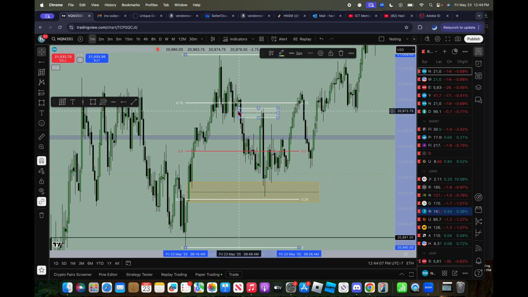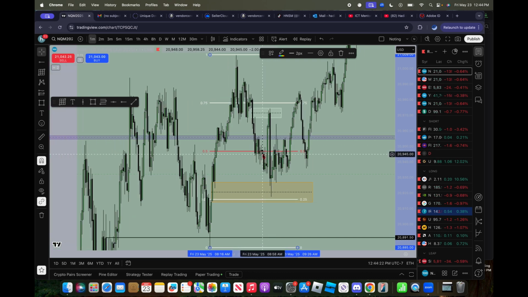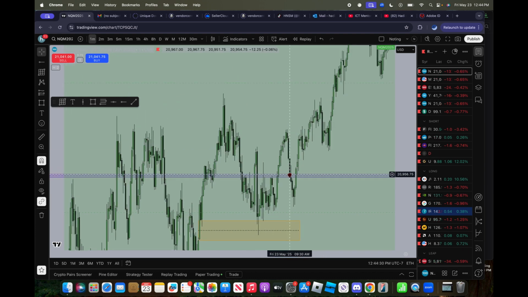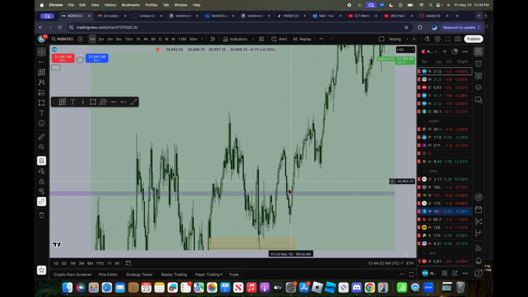So buy side in premium, sell side in discount, buy side in premium, sell side in discount. Then from there, there's no obvious buy side. It's probably a lower time frame seek and destroy. But that's how I would interpret this price action right here. And then we enter a high resistance bullish scenario.